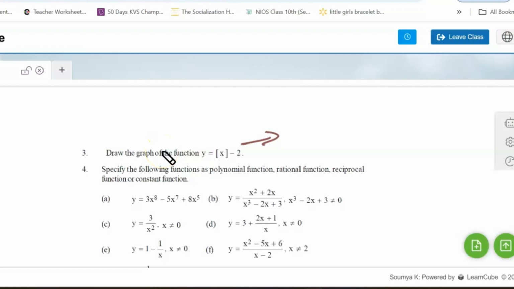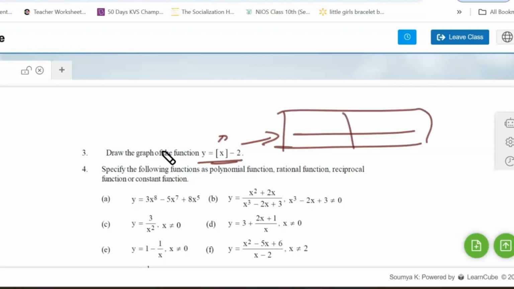Third question, this is the given function where the x value depends on the y. Okay, the value of x will give you an appropriate y. So let's make a table. In this table, categorize x and y. If the value of x is minus 2.5, the value of y will be minus 3.